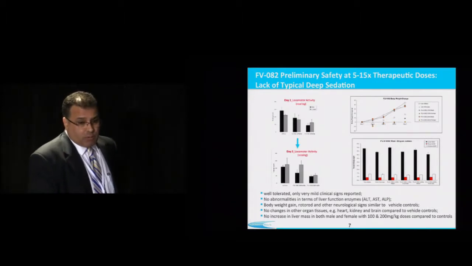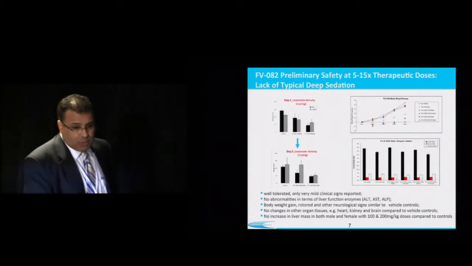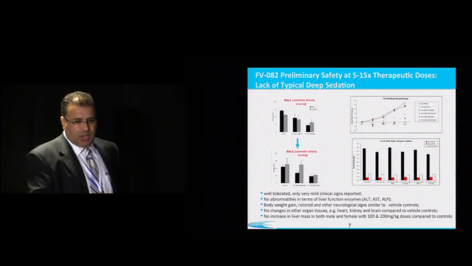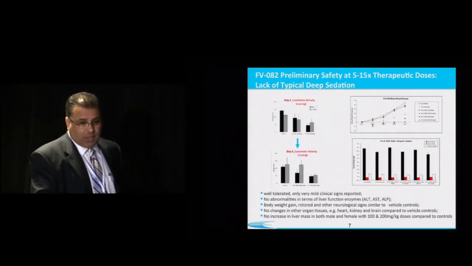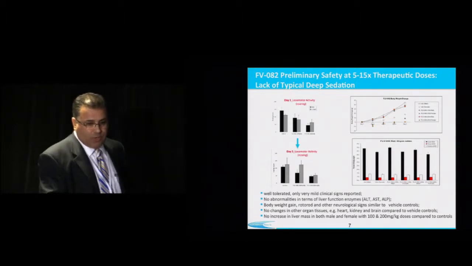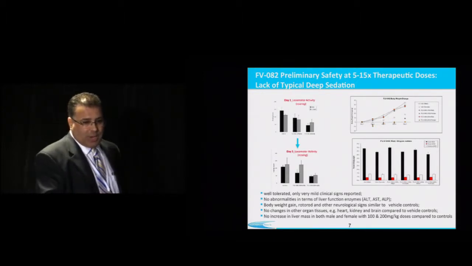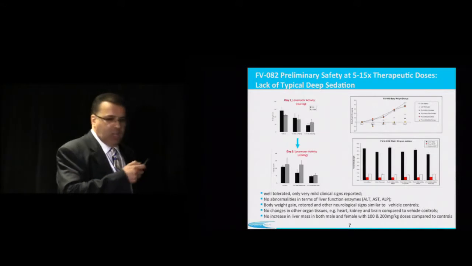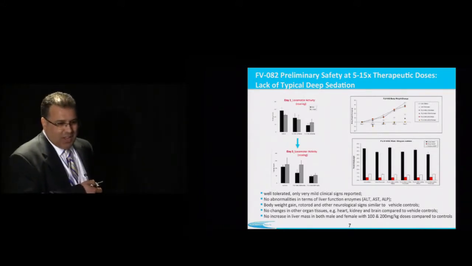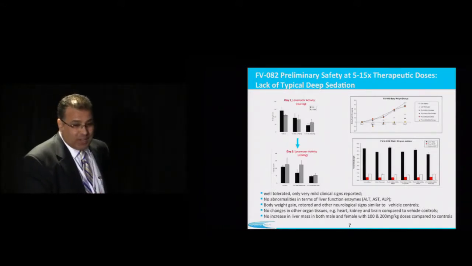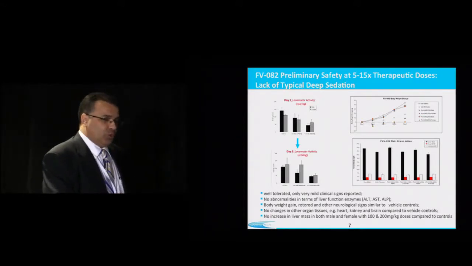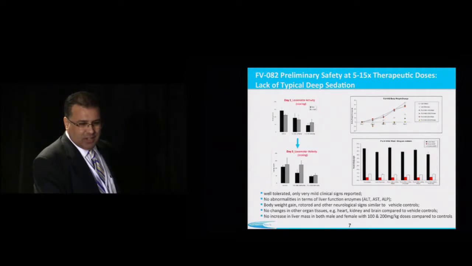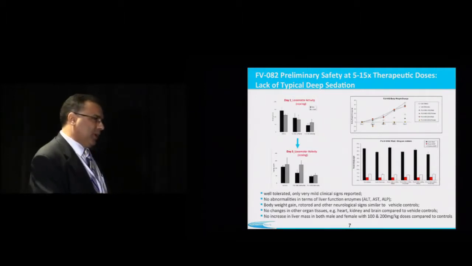No issues in terms of liver function enzymes, ALT, AST, and ALP, and body weight gain, rotarod, and other neurological signs similar to vehicle, and no change in organ tissues such as heart and others, and no increase in liver mass at doses of 200 mg per kg.